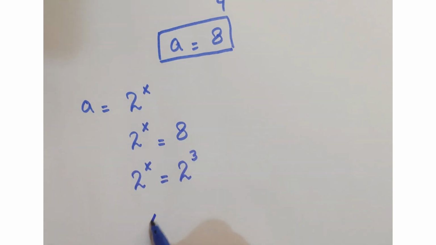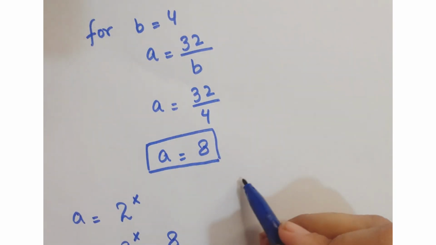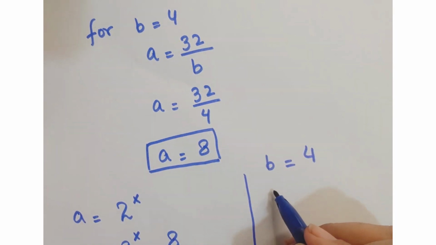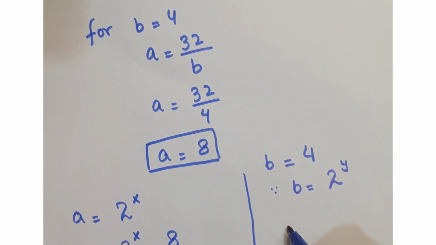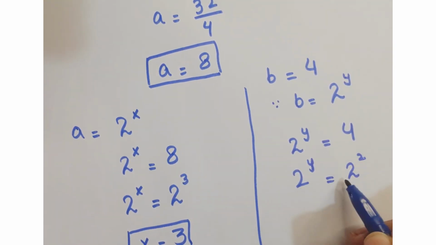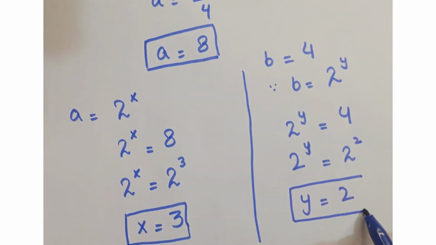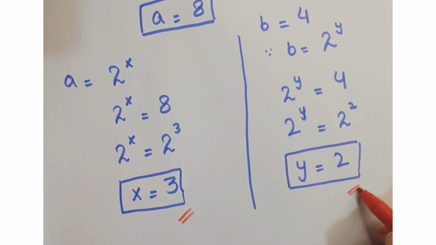Now you have the same bases, so the exponents are the same, so we get x is equal to 3. Similarly, b is equal to 4, and since b is equal to 2 to the power y, 2 to the power y is equal to 4, or 2 to the power y is equal to 2 squared. They have the same bases, so the exponents are also the same. So the values are x is equal to 3 and y is equal to 2.